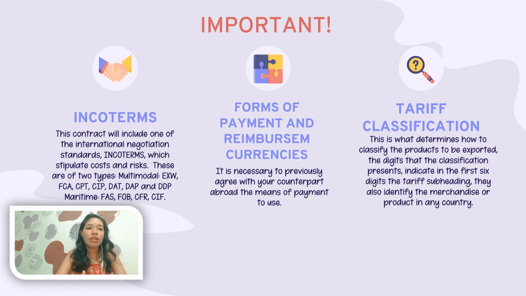It is necessary to previously agree with your counterpart abroad the means of payment to use. 3. Tariff classification. That is what determines how to classify the products to be exported. The digits that the classification presents indicate in the first 6 digits the tariff subheading. They also identify the merchandise or product.